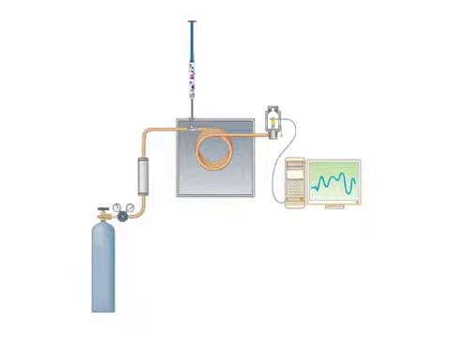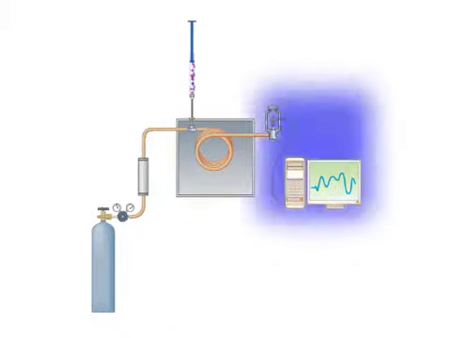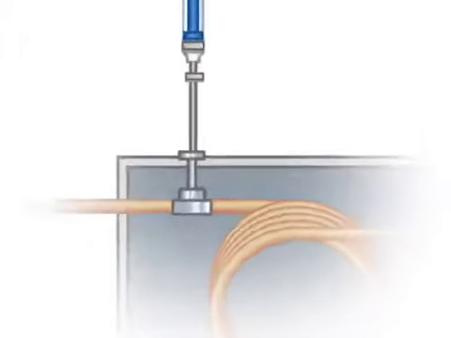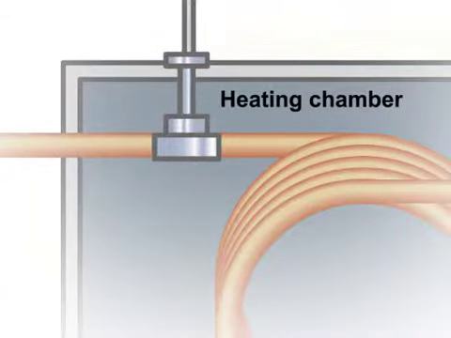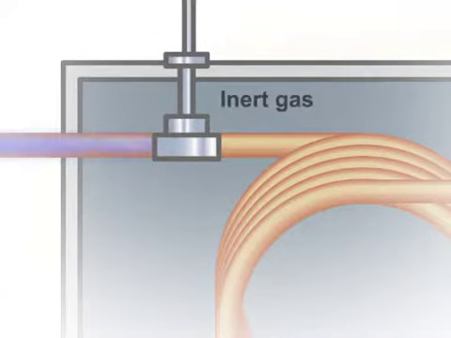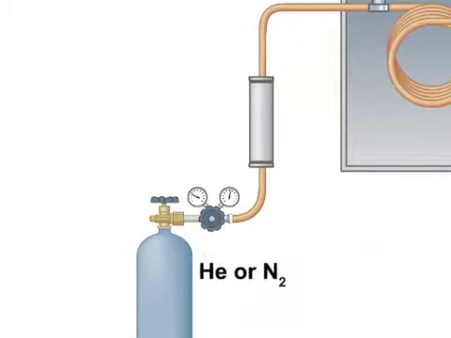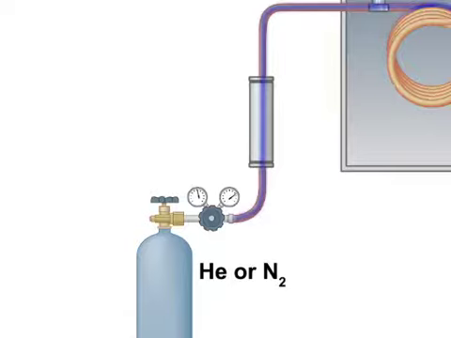The GC instrument has 5 essential components. First, an injection port is used to introduce the sample into the instrument. Next, a heating chamber vaporizes the sample and mixes it with an inert gas. The inert gas, such as helium or nitrogen, carries the vaporized sample through the system.